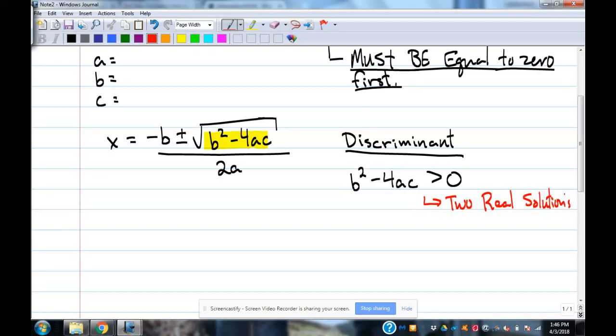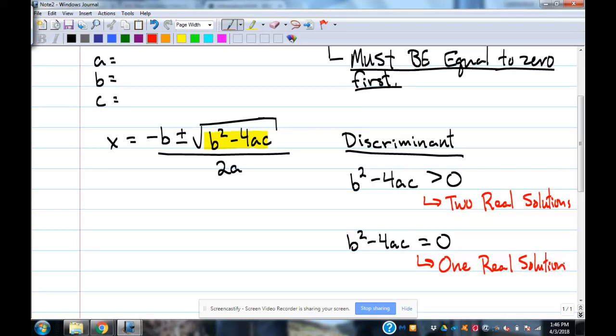That'll give us 2 answers. If it's positive, we get 2 real answers. If b squared minus 4ac is equal to 0, we're only going to have 1 real solution.